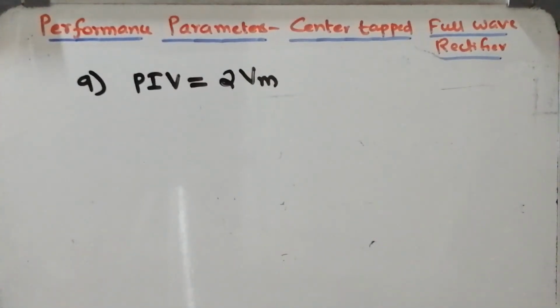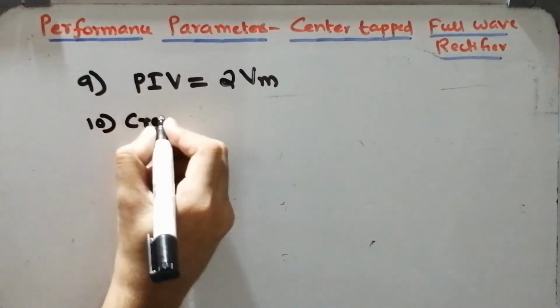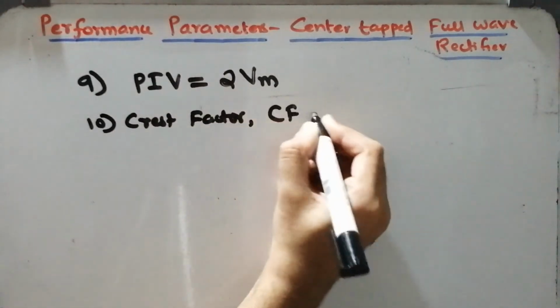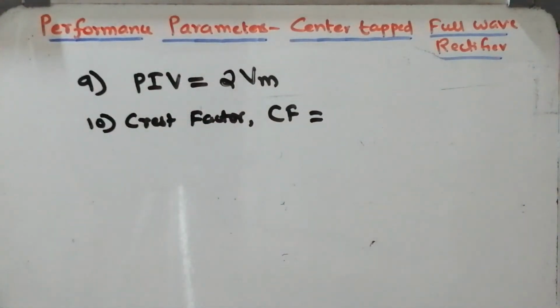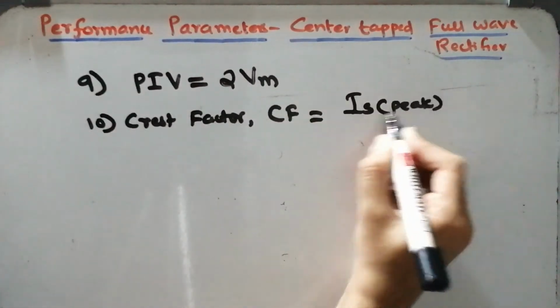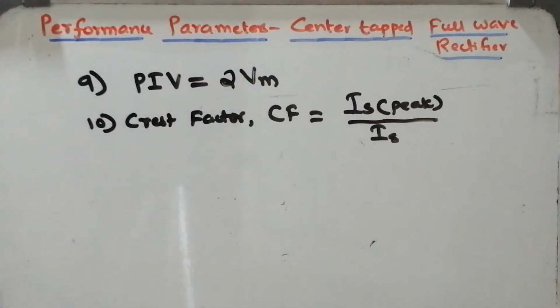Next I would like to calculate the crest factor. You can use the formula for crest factor, or CF. The equation for crest factor is given by IS peak divided by IS. Now what do we mean by IS peak?